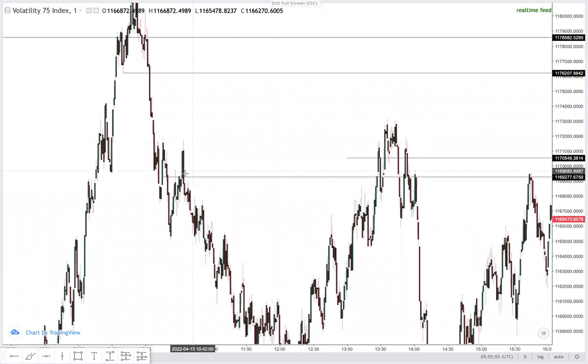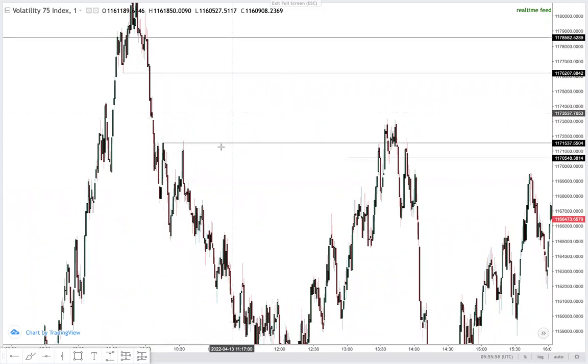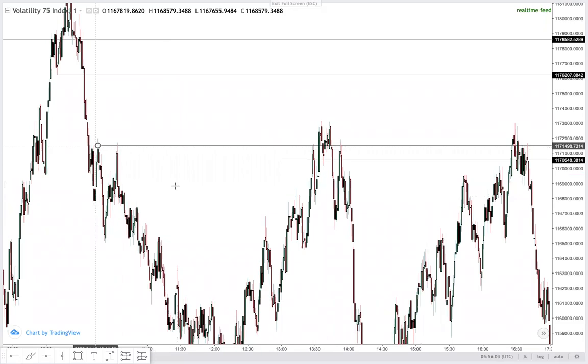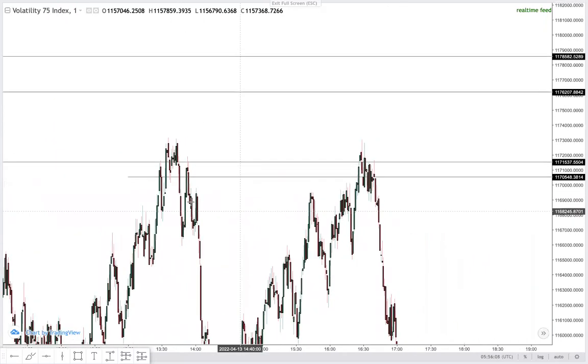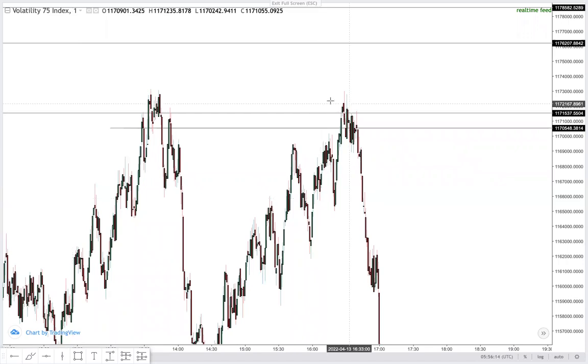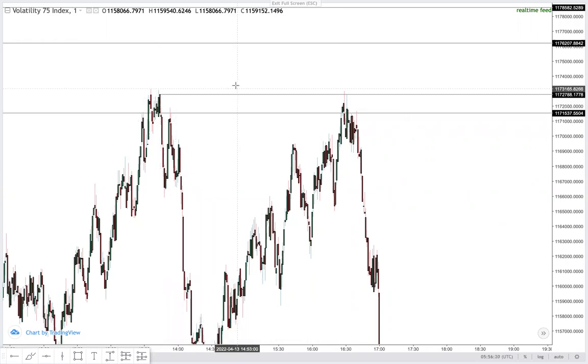In this time frame, we can see that price came to respect this structure right here. So this was the first entry we had, and this was the second entry we had right here. The second entry was a structure retest.